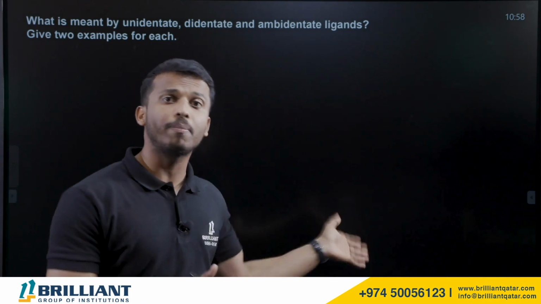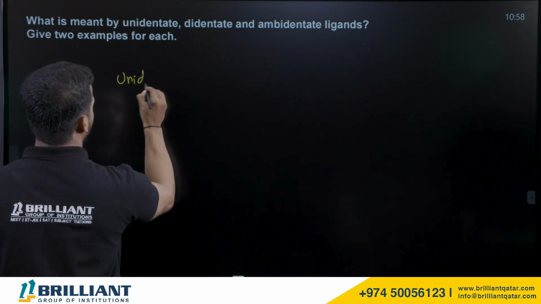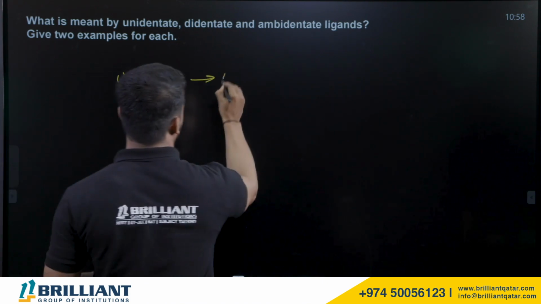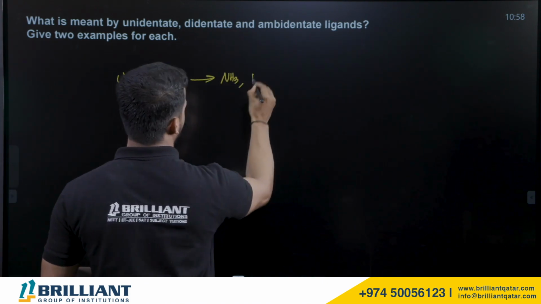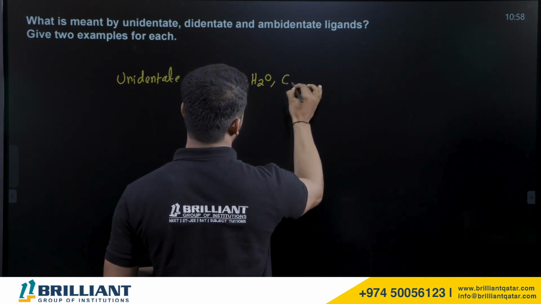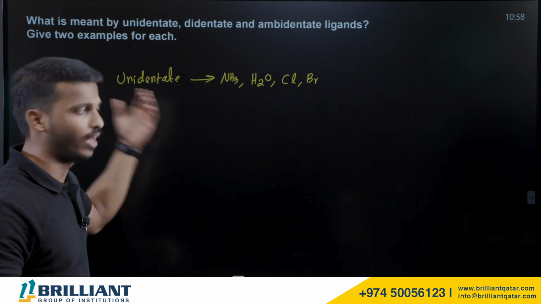And what is meant by an ambidentate ligand? Let us see the examples of unidentate ligands we studied. A lot of examples we studied. Amine, NH3, H2O, aqua, and chlorine, bromine, right? All halogens belong to which one? The monodentate ligand.